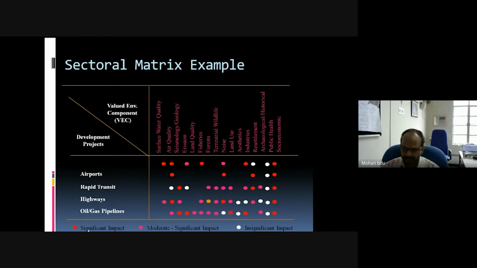And here we decide based on three indicators, whether it is a significant impact, moderate impact, or insignificant impact.